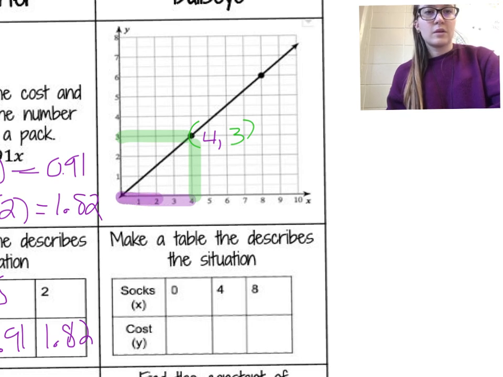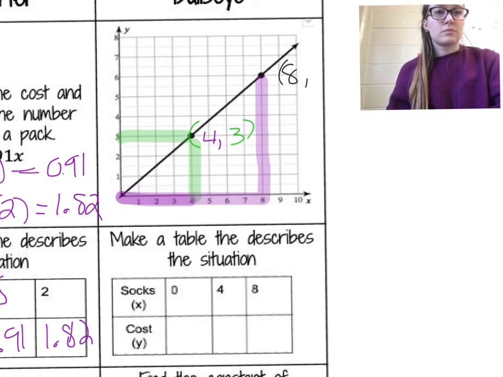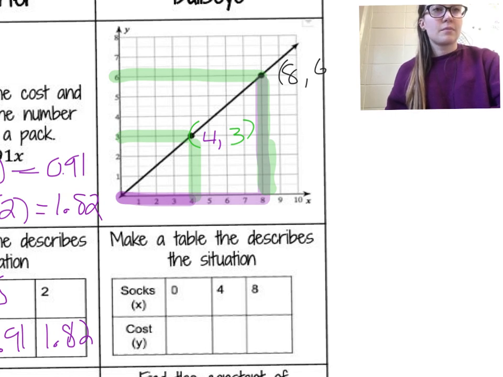Then to this one, I go over to 8. So his label is 8, my x value. Then my y value is how far I go up, which we went up to 6. So 8, 6 is that coordinate. Okay.